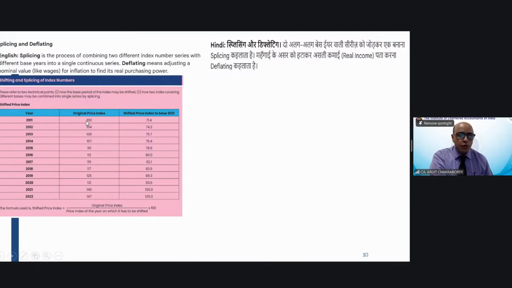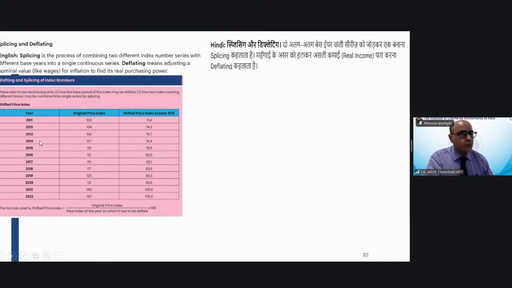It is the original price index of 2011, जो कि है 100. You divide it by the original price index of 2021, यानी जिस वर्ष में shifting करना है. So it becomes 100 divided by 140. Please multiply it by 100. Let me do it. I am getting 0.71. So I multiply it by 100. I am getting 71.4. That is what you find here in the shifted price index.